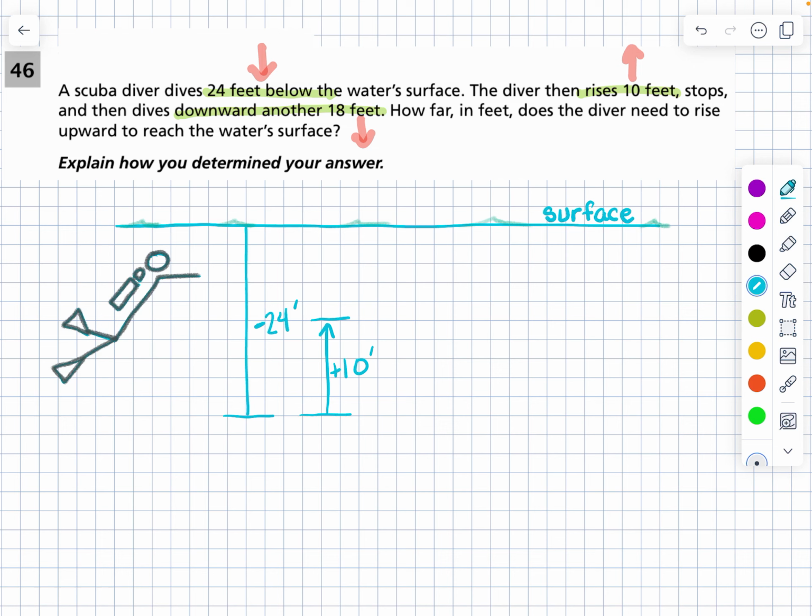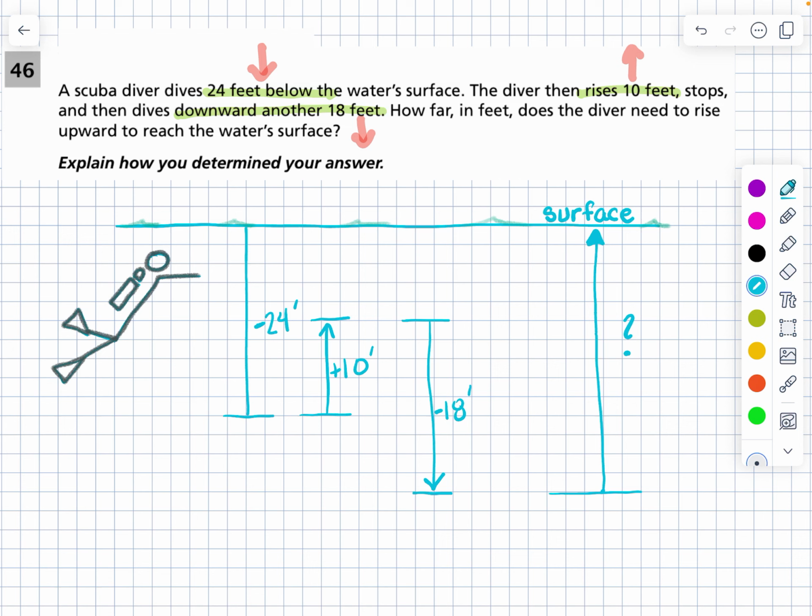And then they go downward another 18 feet, so they're here. And then they're going to go down 18 feet. And that's minus because they're going farther down. And this is where they end up. So this is the place that we want to figure out how far is it from here back up to the surface. This is what we're trying to figure out.